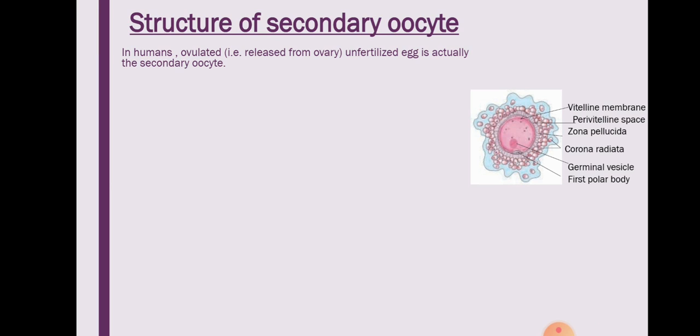In humans, the released unfertilized egg is the secondary oocyte. It is non-cleidoic, without a shell, unlike in aves, which are shelled, with a shell made up of calcium carbonate. It is microlecithal, with a very small amount of yolk.